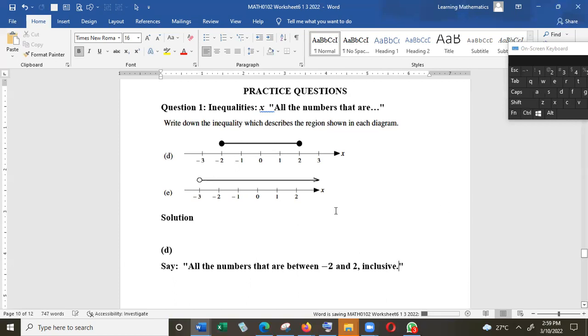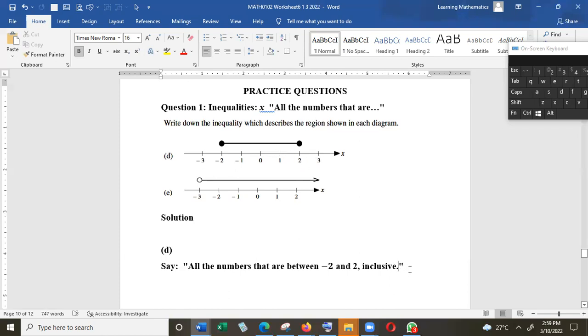Since the circle is shaded, then -2 and 2 are included, and all the numbers between. So that's what you see when you see this diagram.